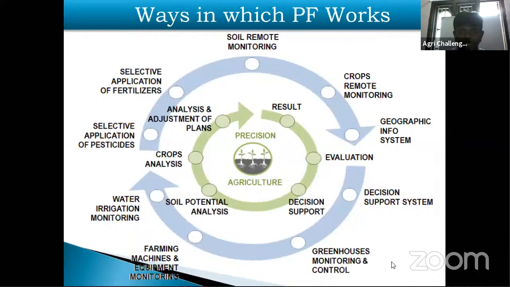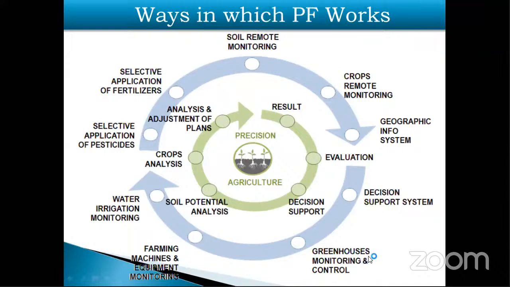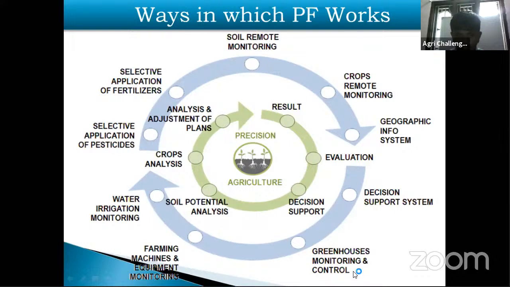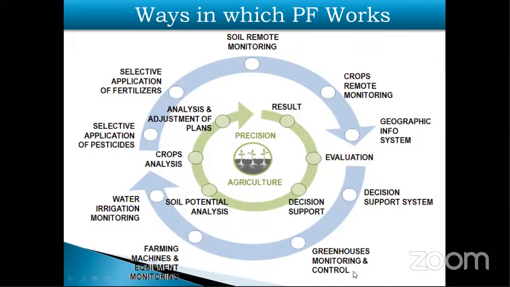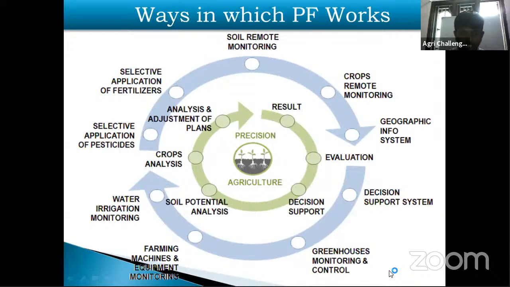Then decision: with the help of the decision support system, we will monitor the greenhouse, the entire system, farming machines and equipment, and water and irrigation requirements. We will monitor all inputs, such as pests, plant health, crop health, fertility levels or input requirements, and soil nutrient levels.